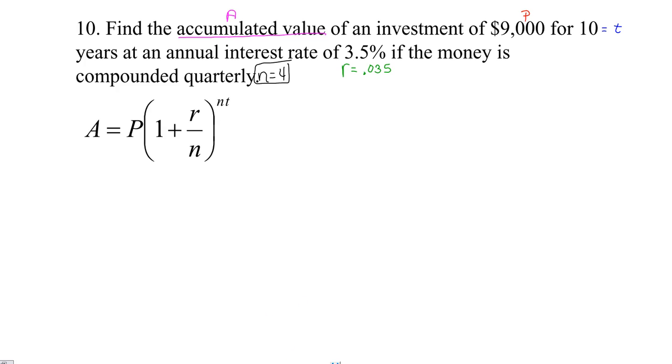All right. So A is going to be equal to, we'll start with 9,000, and then we'll have a parentheses raised to a power.